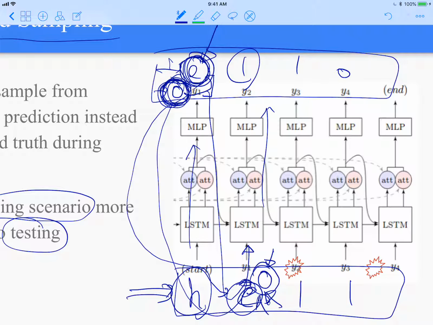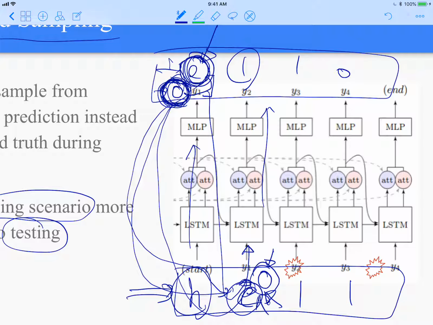So I think if the model is behaving properly at a certain level, then using this predicted output will make a little bit more sense, but especially in the early stage of training, I think it may slow down the training process.